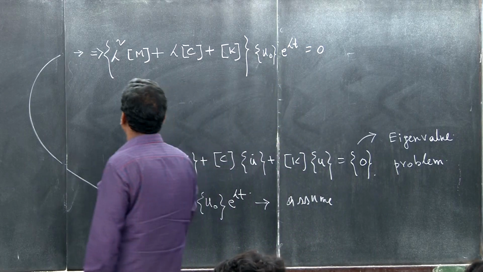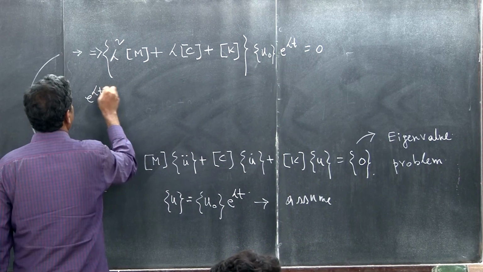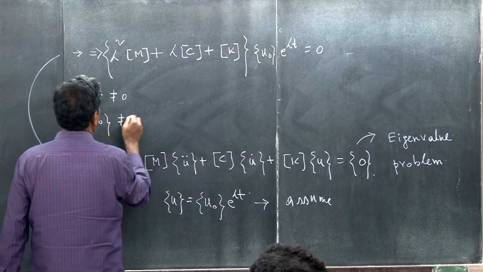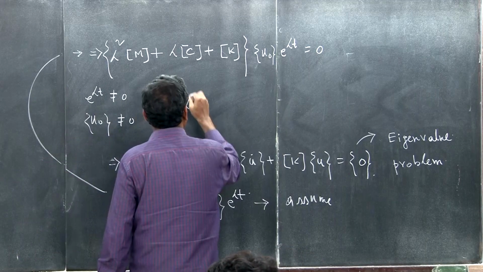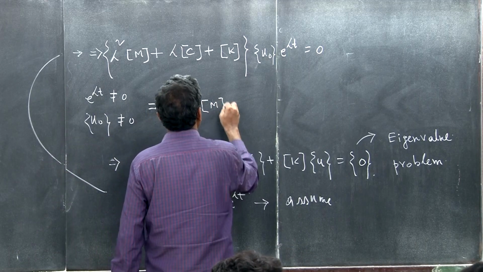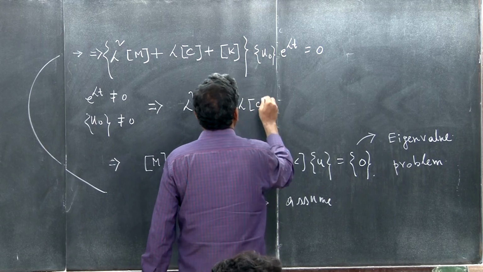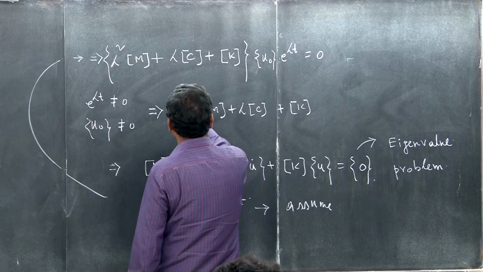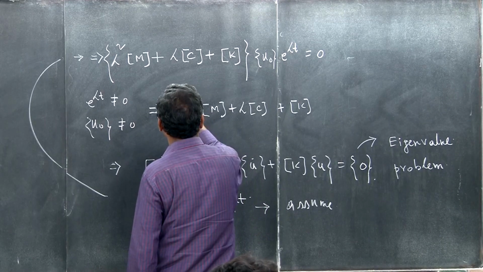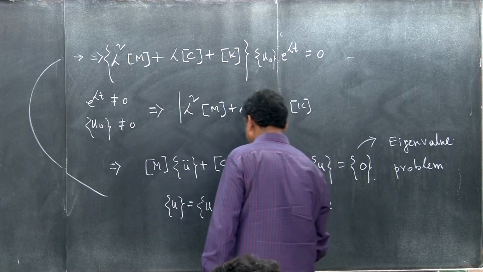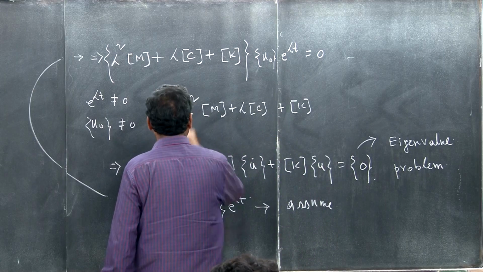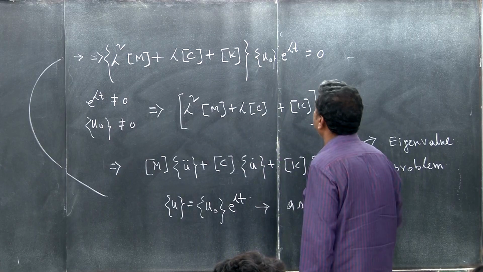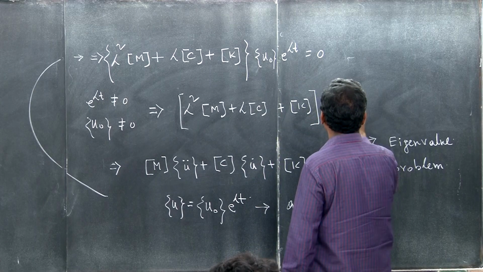Of course, for a non-trivial solution, e to the power lambda t can never be 0 and u0 should never be 0, right? So ultimately this leads to the equation lambda square m plus lambda c plus k, times u0, must be equal to 0.